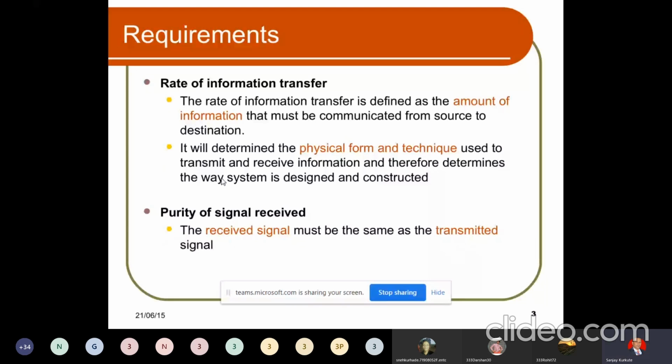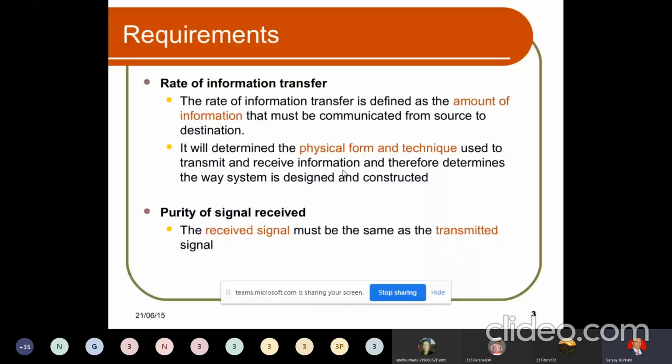Second, it determines the physical form and technique used to transmit and receive the information. Therefore, it determines the way the system is designed and constructed.